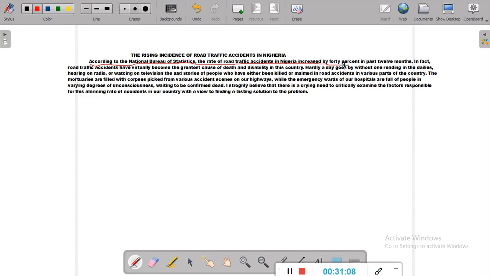Let's get it a little bit straight. Okay, so you can see this exactly is our hook. Sorry, not our thesis, our hook. Okay, this is our hook here. All right, so don't mind the direction of this, but we have been able, according to the National Bureau of Statistics, the rate of road traffic accidents in Nigeria increased by 40% in the past 12 months.